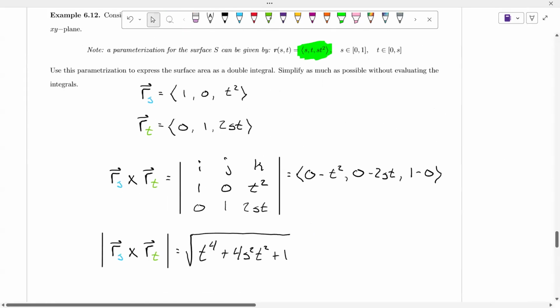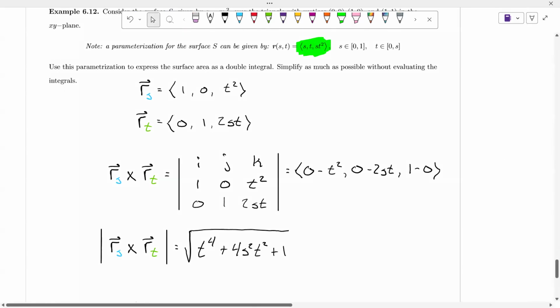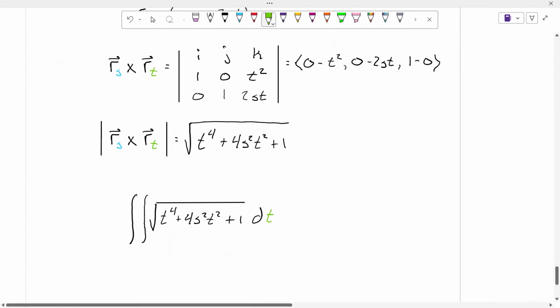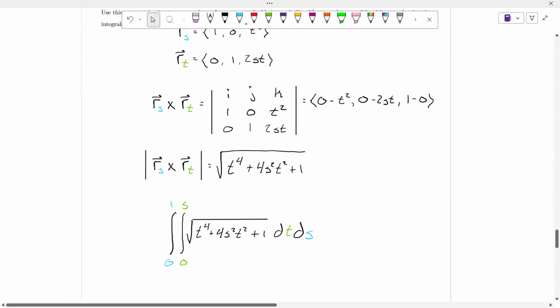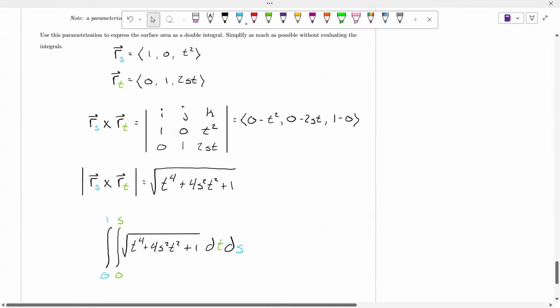If we roll back up to our parameterization, yeah, we're told t is bounded between 0 and s. So dt between 0 and s. And then ds was between 0 and 1. And again, I just wanted to set it up, not actually calculate the thing, because again, that integral looks kind of nasty. So let's just not do it. Setting it up, it's fine enough.